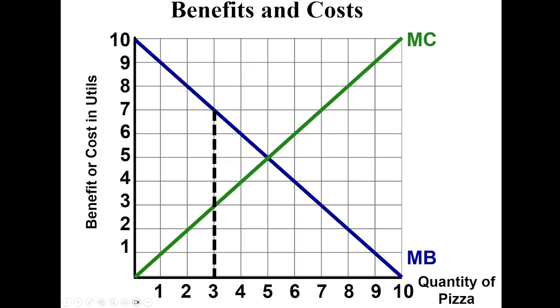So why is it not 3? The reason it isn't 3 is, although you are getting more benefit, we're thinking about it as an area. This area right here is your total benefit, marginal benefit minus marginal cost. We have to take the area in between to actually get your total benefit.